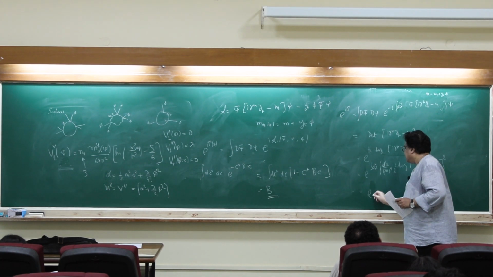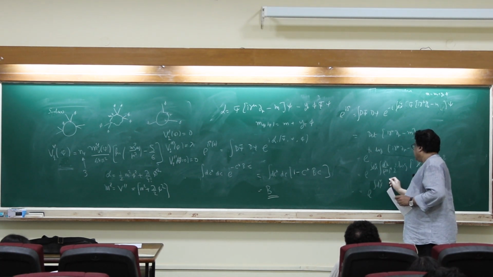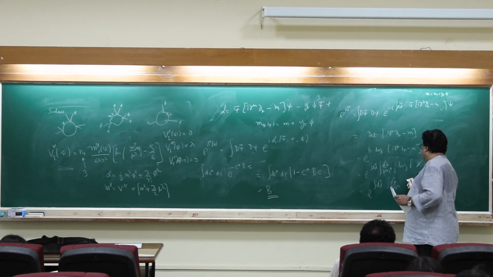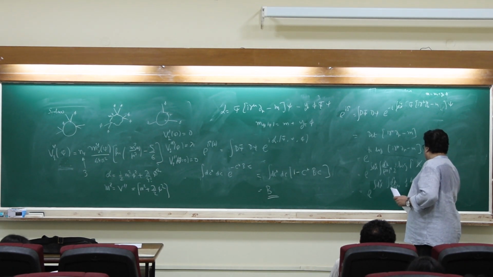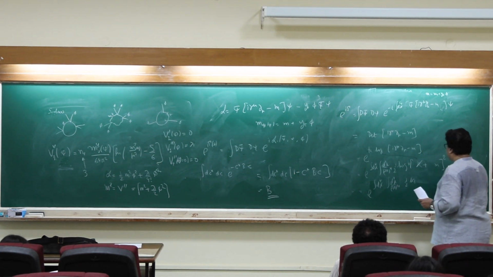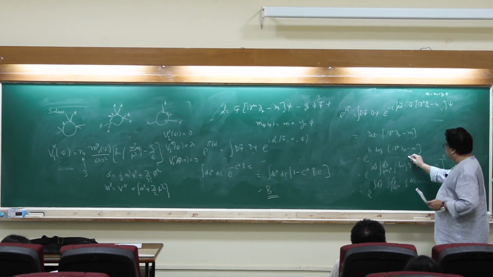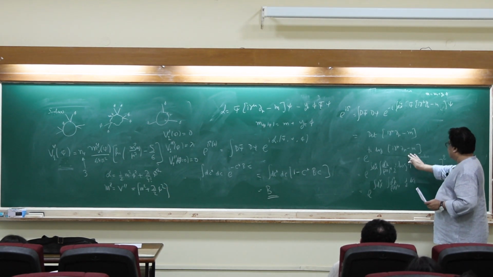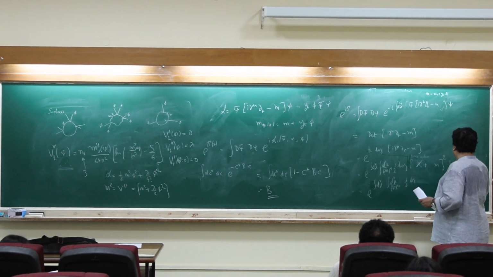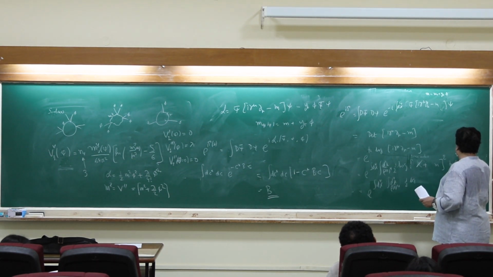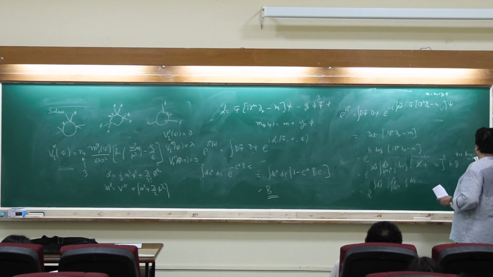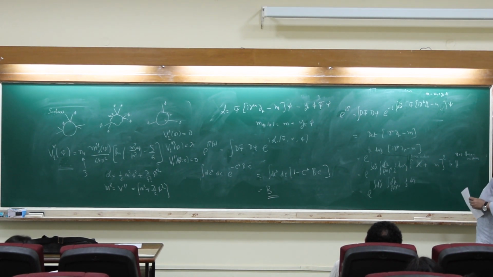So this will give you e to the power d4x, d4k upon, okay, half, and there is still a trace over the Dirac indices. So when you square it, there is still a trace of, this is the 4 by 4 Dirac indices. So this will become a scalar and you will get this multiplied by a Dirac trace.